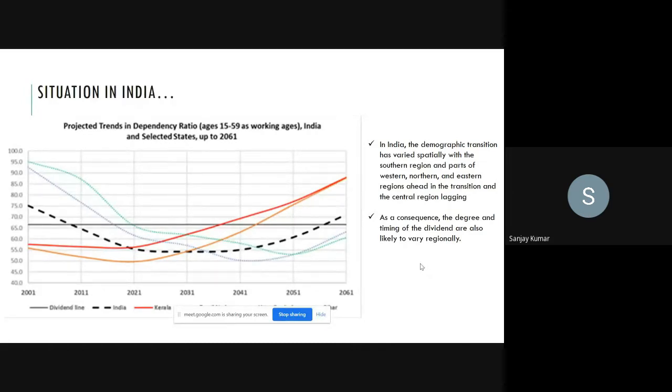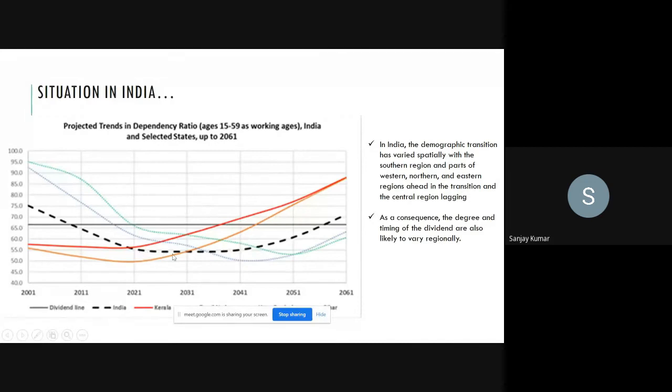Here, this constant line is where the dependency ratio is around 67%. And the dotted line is for India as a whole. Our dependency ratio started falling by 2011, and we expect it to decline further.